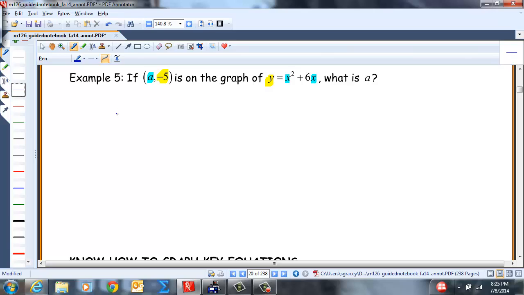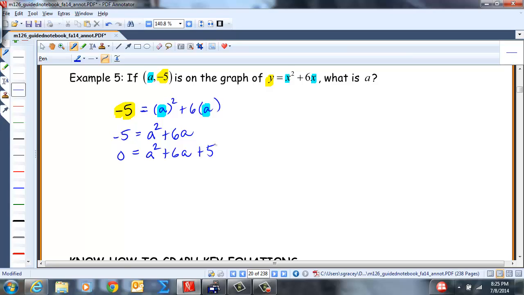So we'll get negative 5 is equal to a squared plus 6 times a. So this is the y value that we substituted in, and this is the x value. So this kind of looks quadratic in form to me. So let's get 0 on one side and see what happens. I'm adding 5 to both sides, and this will factor.